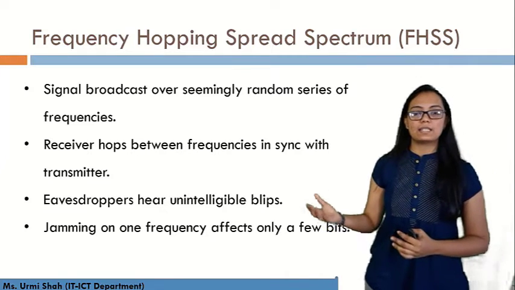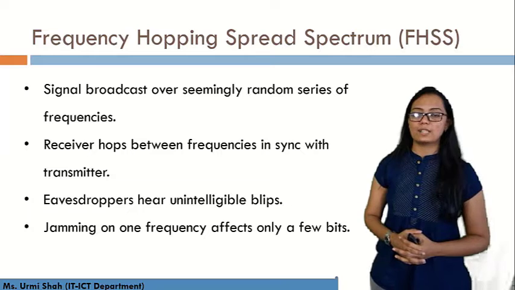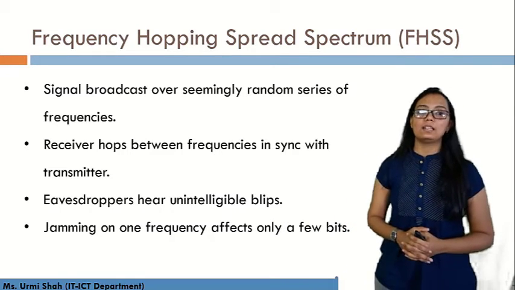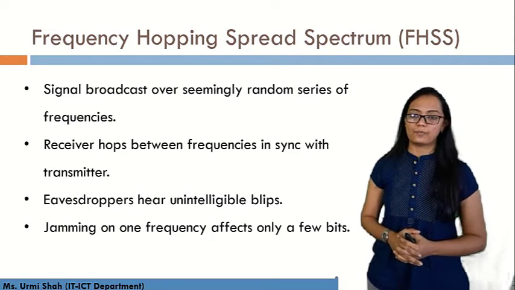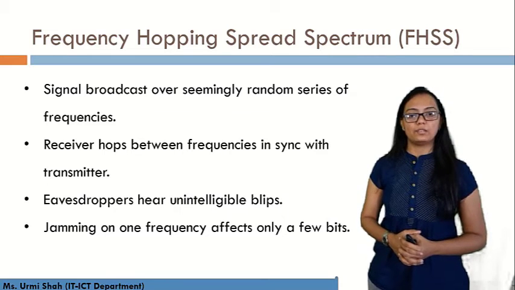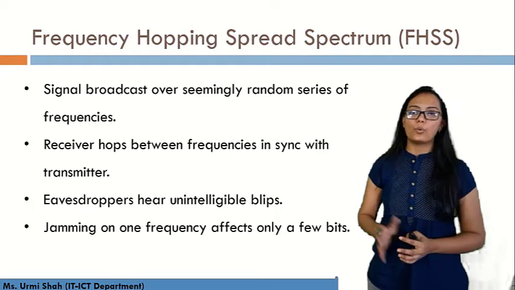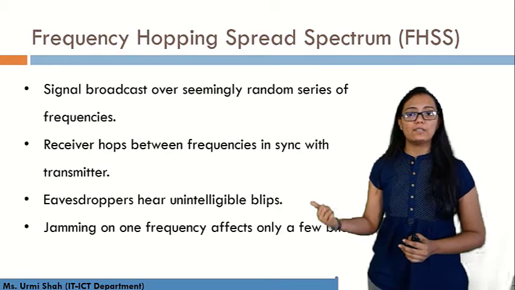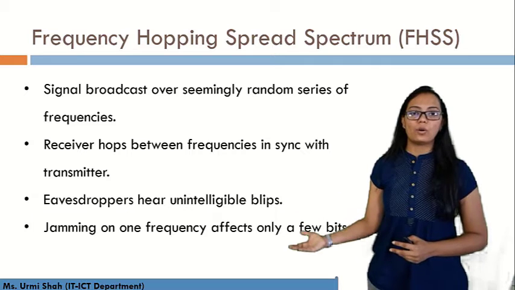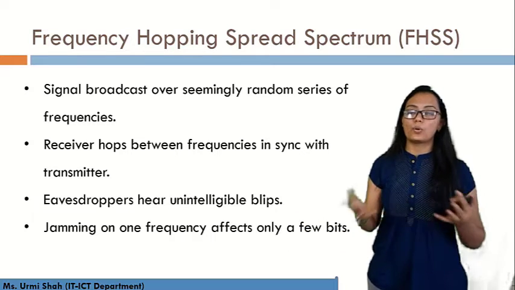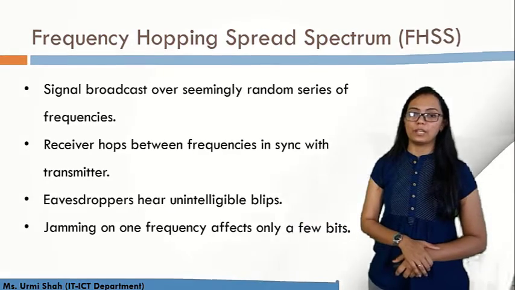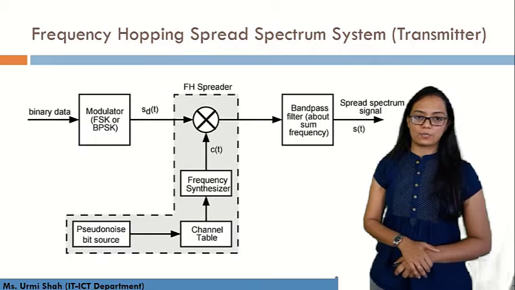Next, we will discuss the different types and how spread spectrum is applicable in the current market and industry. Here the receiver hops between frequencies in sync with the transmitter. Eavesdroppers hear unintelligible blips. Jamming on one frequency affects only a few bits. All this happens whenever we are performing frequency hopping spread spectrum.